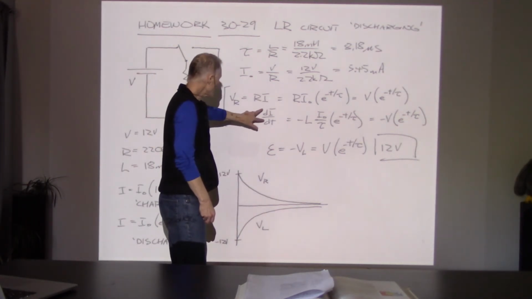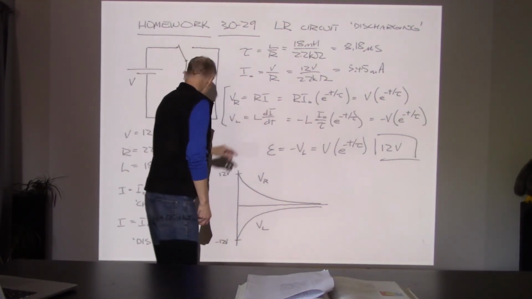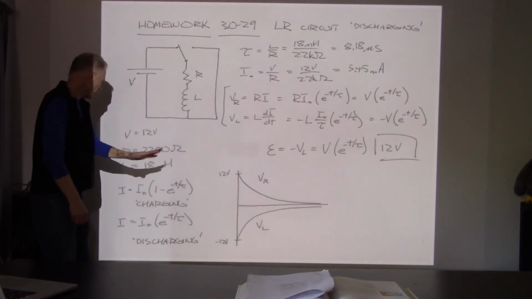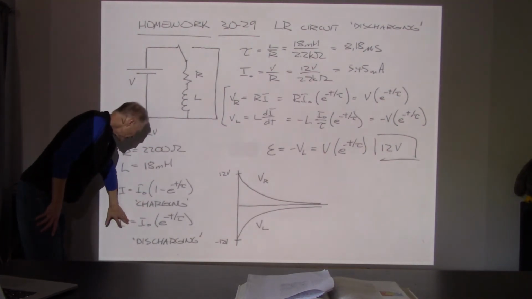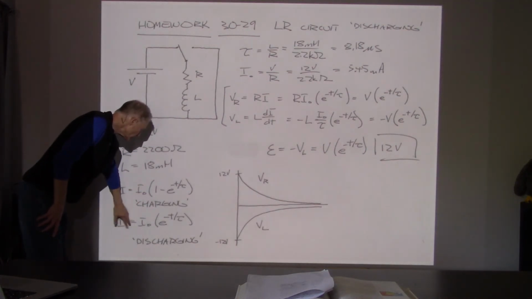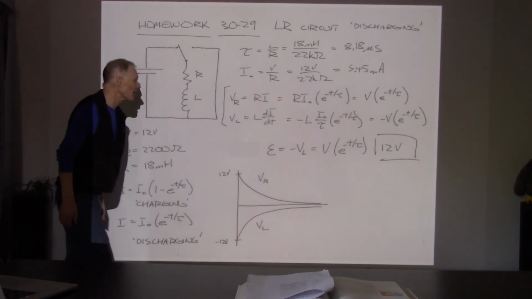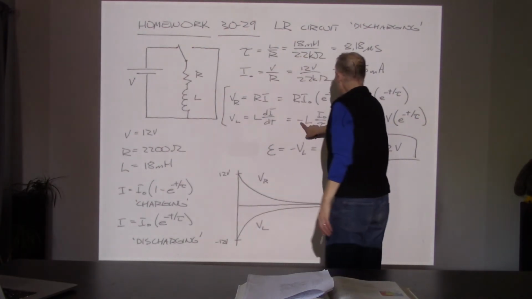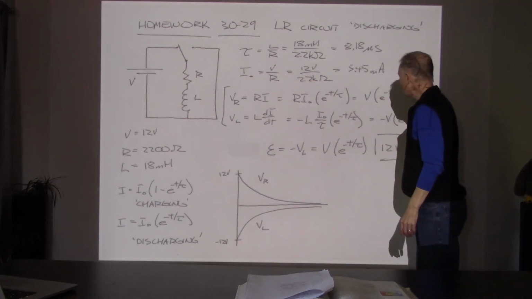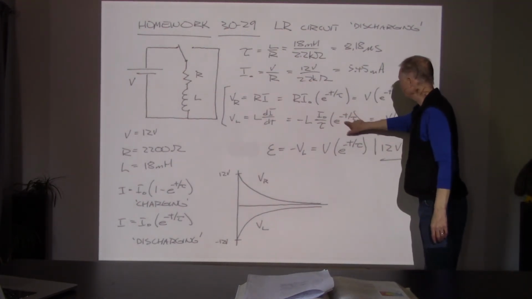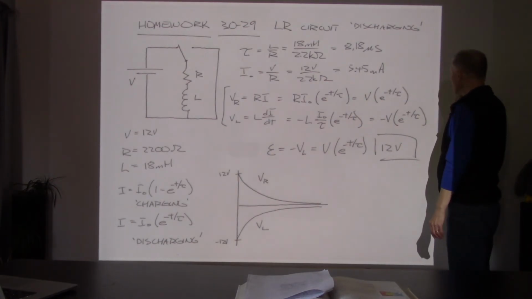So for this, I needed di/dt, so I had to take, and I didn't write this separately, di/dt of this expression. That brings out a factor of 1 over tau with a minus sign on it. So there is my minus sign, there is the factor of tau, and here is the I naught e to the minus t over tau.